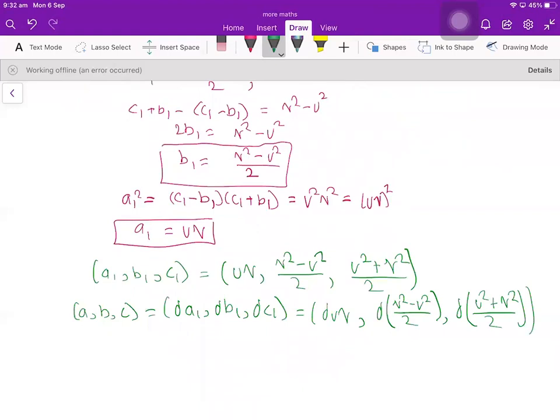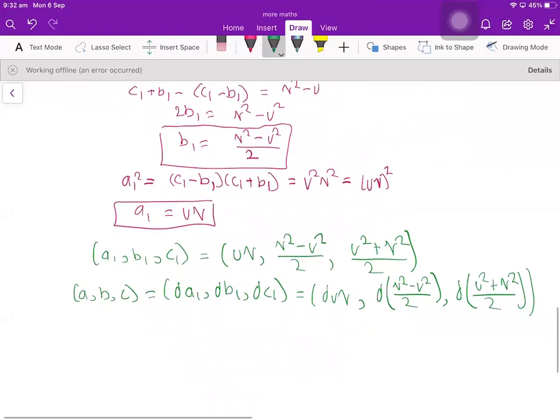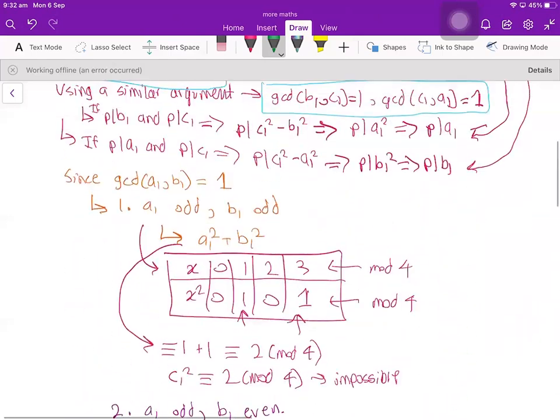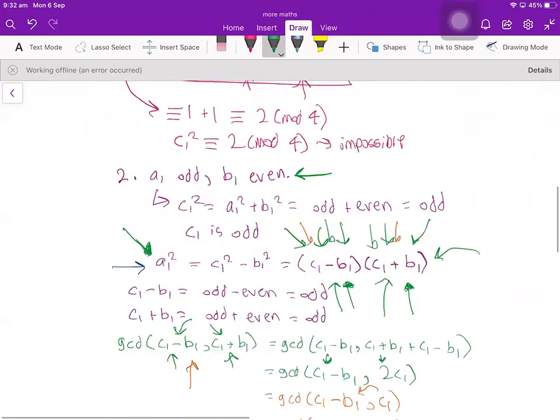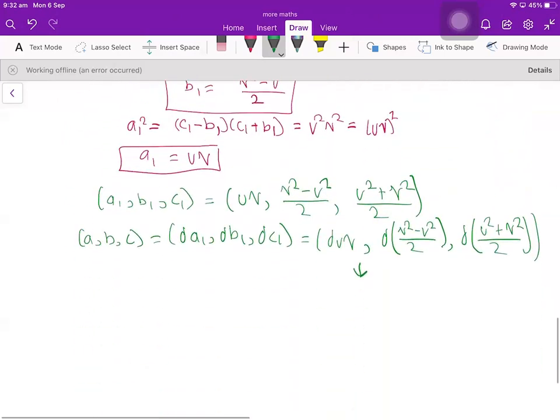So this is in fact our final answer, a general expression for all the possible Pythagorean triples in the case where A1 is odd and B1 is even. So this gives every single Pythagorean triple where A1 is odd and B1 is even.